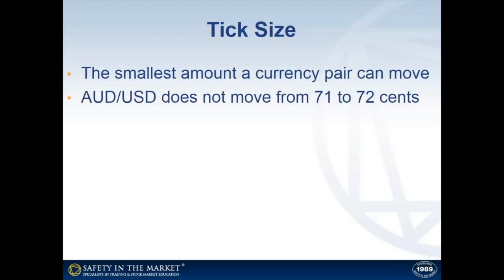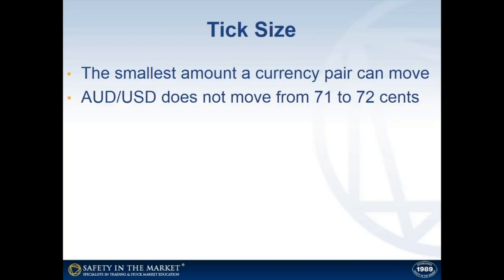So if you're watching the Australian dollar against the US dollar, it doesn't just jump from 71 cents to 72 cents like a stock would. In stocks, 1 cent is what's called the tick size for most stocks. It's the minimum amount that a stock can move. So a stock might go from $10.05 to $10.06.